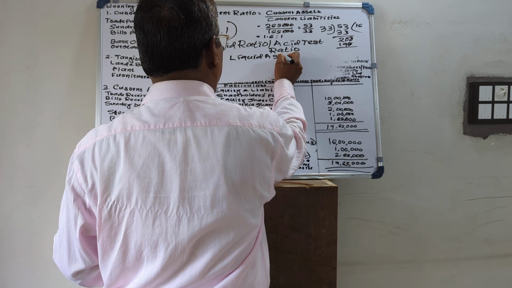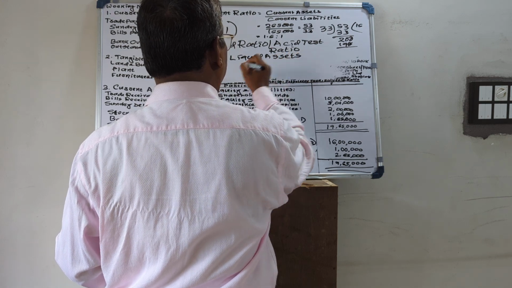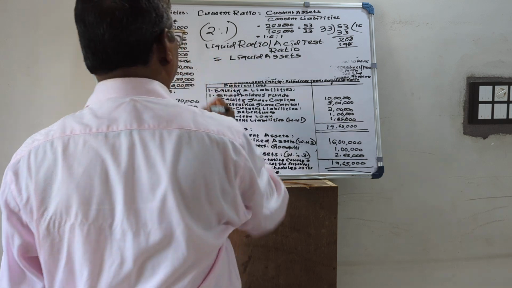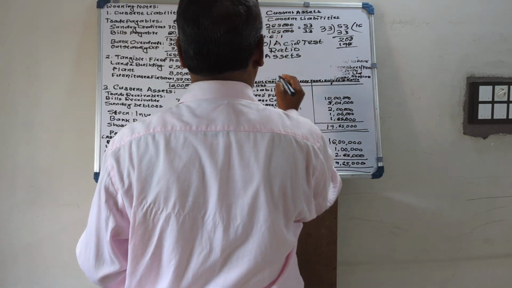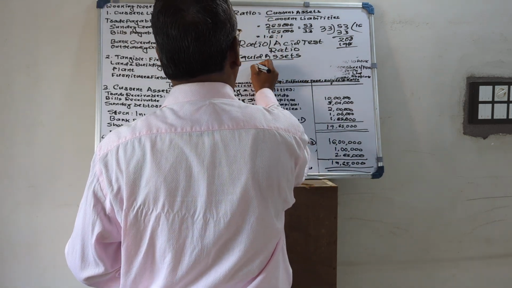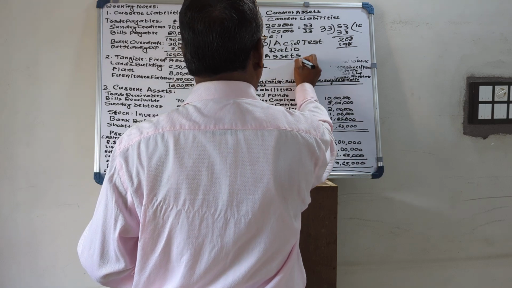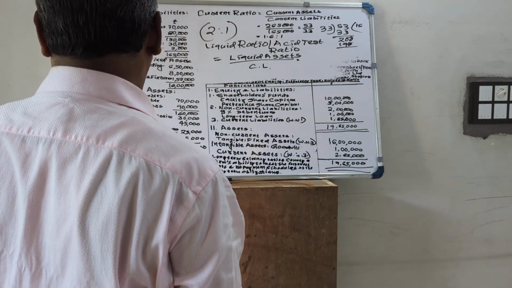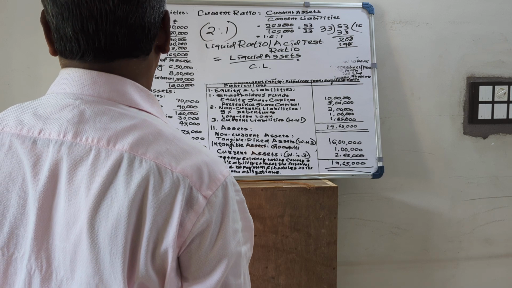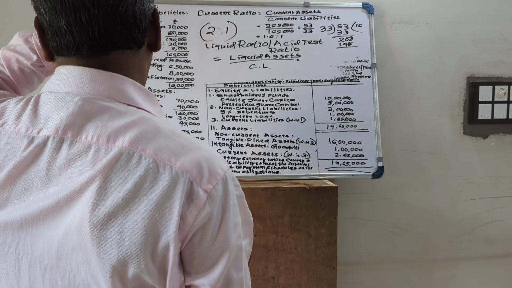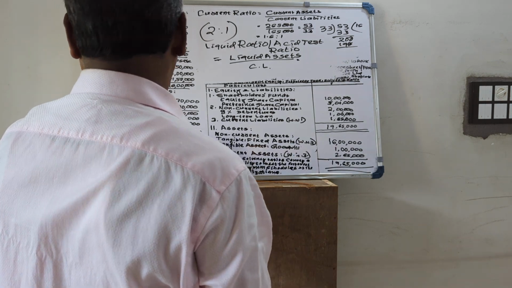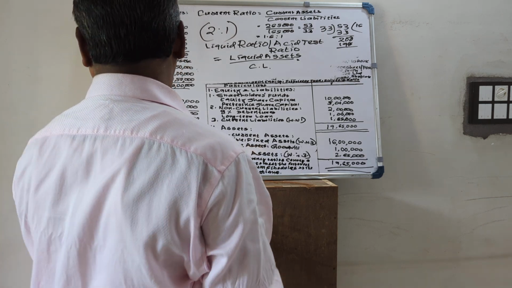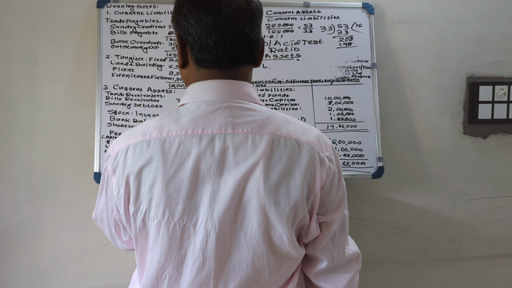Liquid assets are those assets which can easily be converted into cash within a short period of time. In the case of liquid assets, we have to deduct the inventory or stock and prepaid expenses. Here the total is 2,65,000.